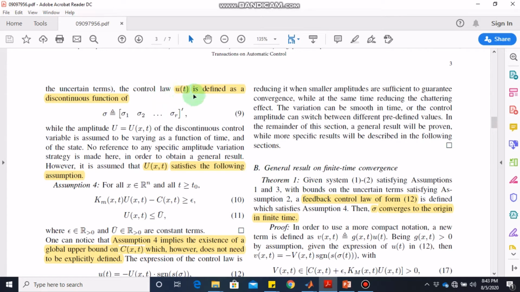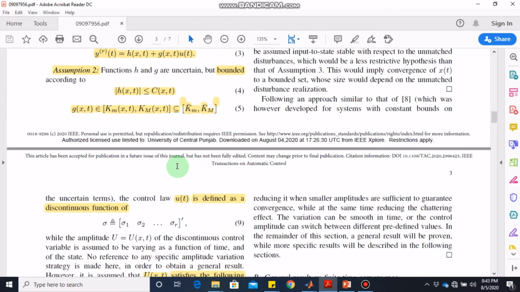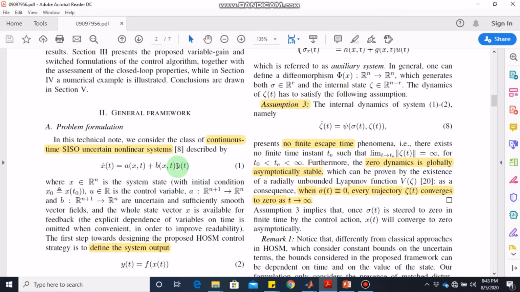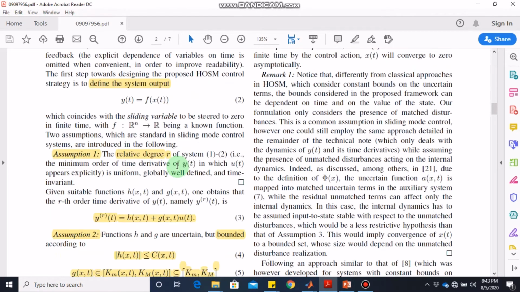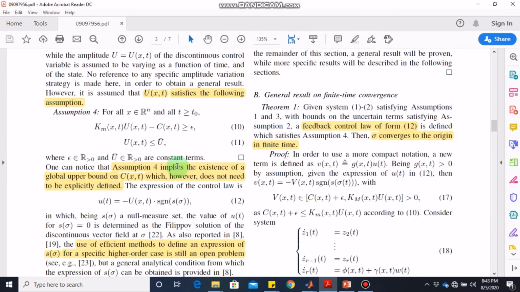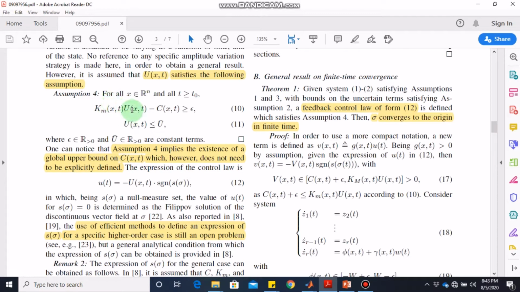U of t is defined as a discontinuous function. We are now in section 2, and after stating the 3 assumptions, it moves on to a 4th assumption: this discontinuous control capital U, which is a function of t and x, should satisfy the following. This km is the lower bound on the g of x function, which is the function that appears in the rth derivative of the output, and this c of x is the upper bound of h of x, which also appears in the rth derivative of the output.